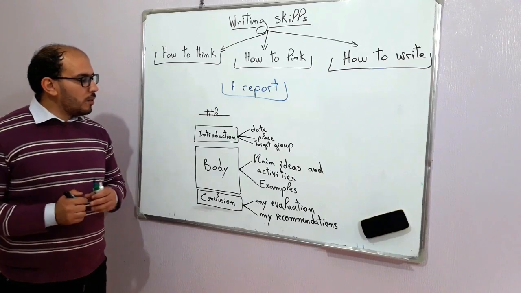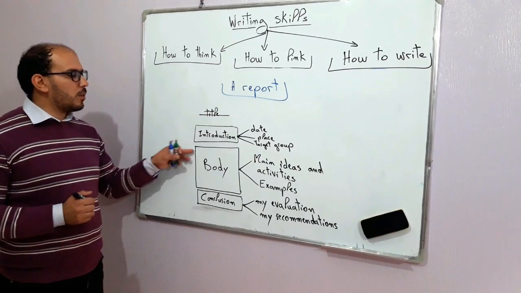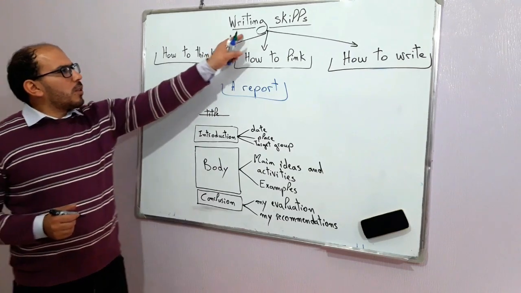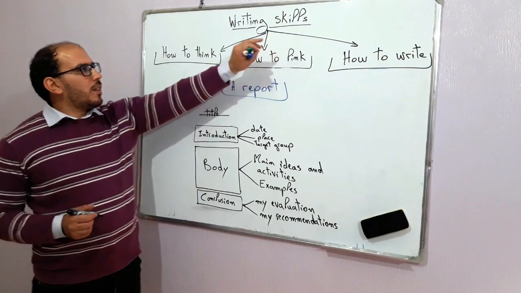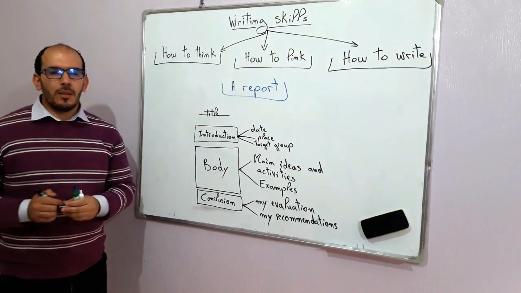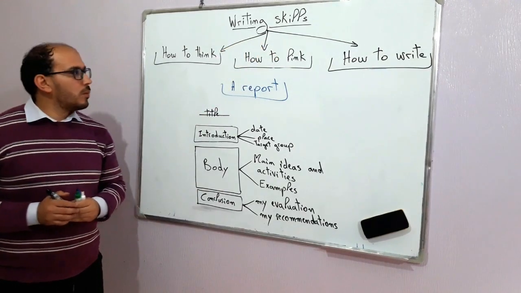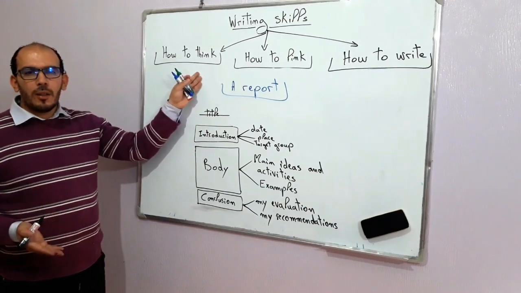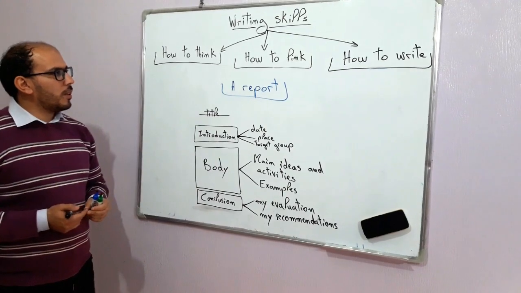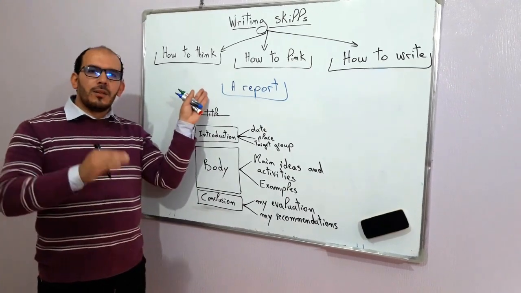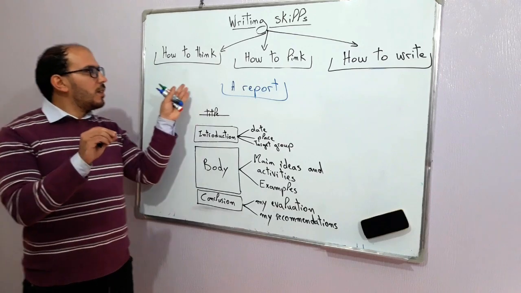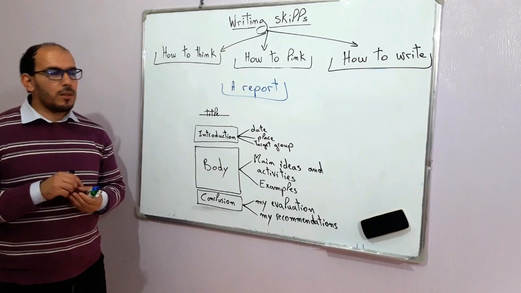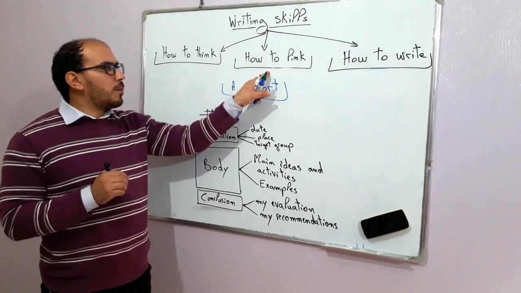This means by the end of your report, it must look like this. So that's it. We talked about writing skills, and we said that there are certain steps that you have to follow. The first one is how to think. I should think of how to think about a given topic, and we talked about a list of topics, and every topic has specific required ideas that I have to focus on and include in my writing.